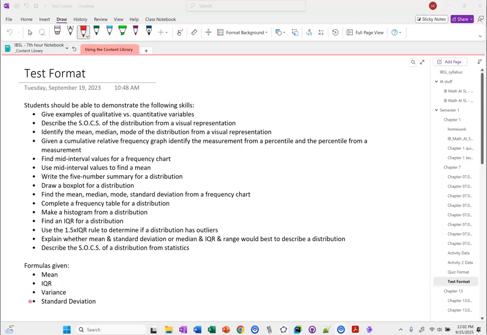For your measures of center, to describe center, what options would you give? Median or mode or mean. When do you use which?